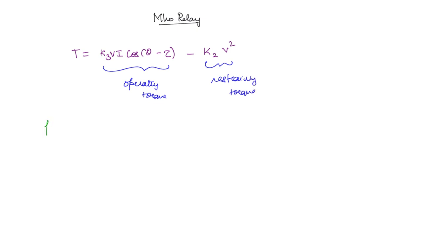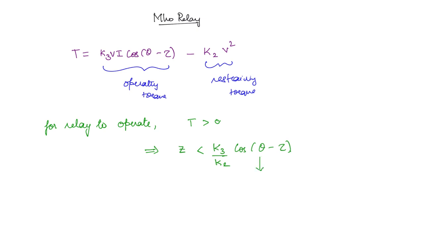Now for the relay to operate, torque should be greater than 0. If you substitute the expression for torque, you get the final expression: Z should be less than K3 by K2 times cos(theta minus tau). And what is theta here? This is the phase difference between the voltage and the current.